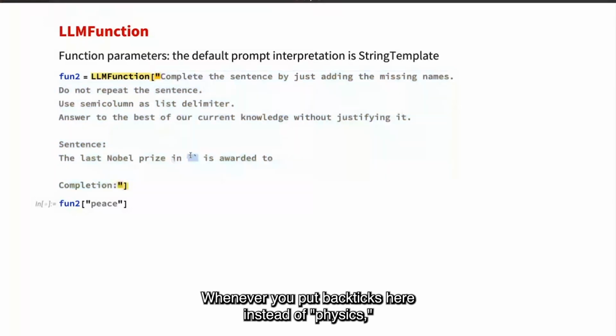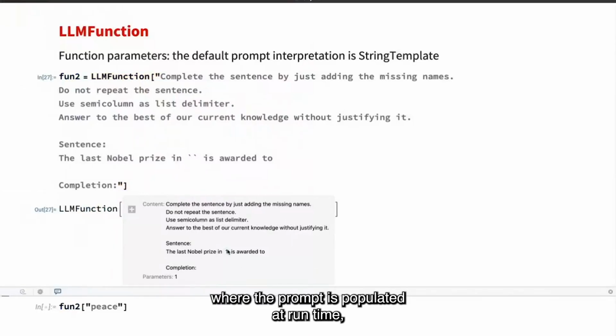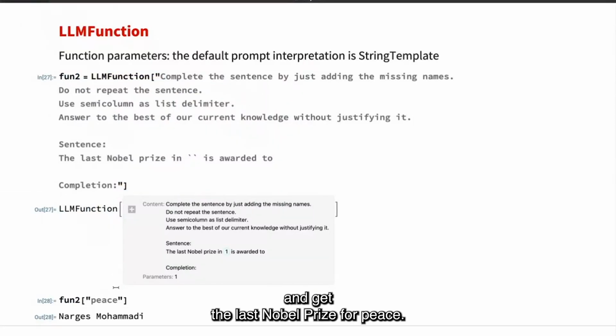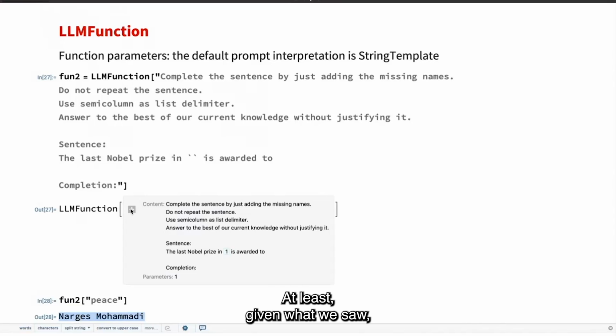Whenever you put backticks here instead of physics, you get a function where the prompt is populated at runtime. So now you can pass a parameter to your function and get the last Nobel Prize for peace. At least, given what we saw, this is probably the nominee in 2023.